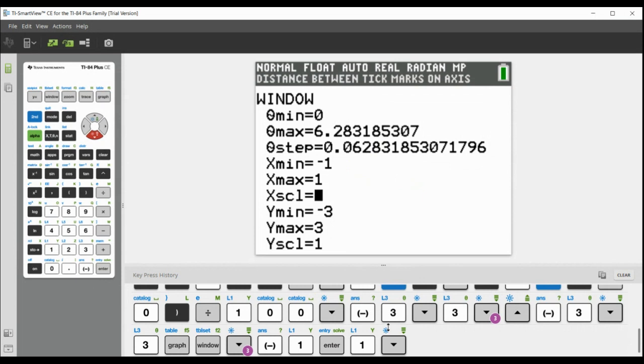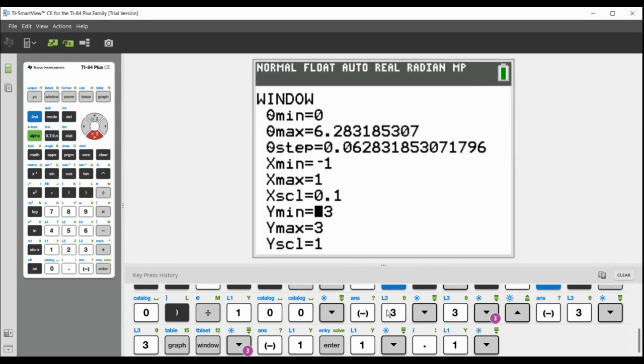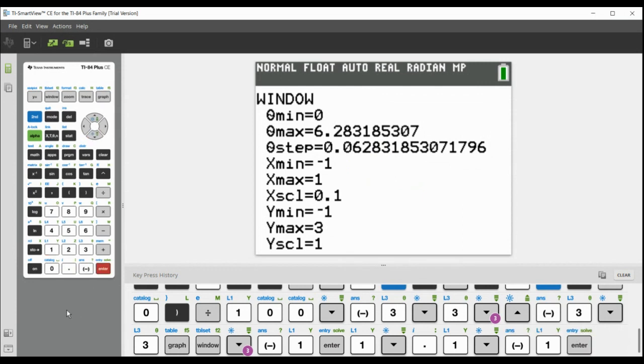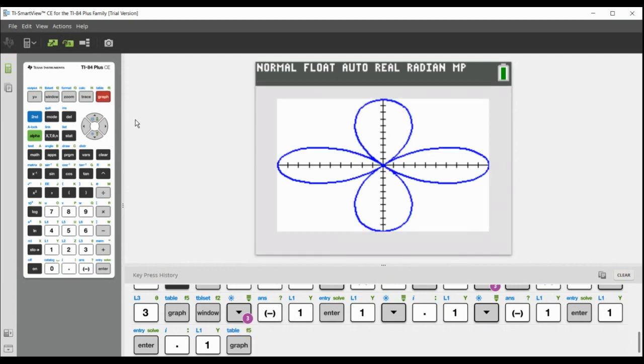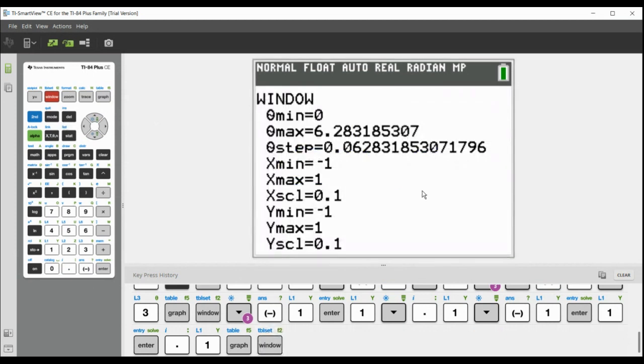Okay, and x scale, I'll let be 0.1. Y min, I'll let be -1 to +1 with a y scale of 0.1. Okay, let me just look at the graph. Okay, that's fine.